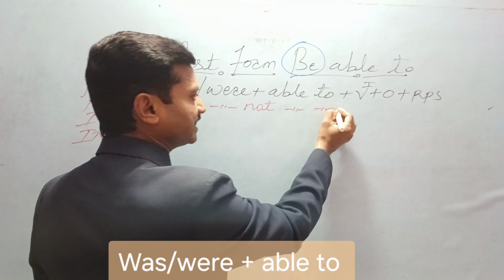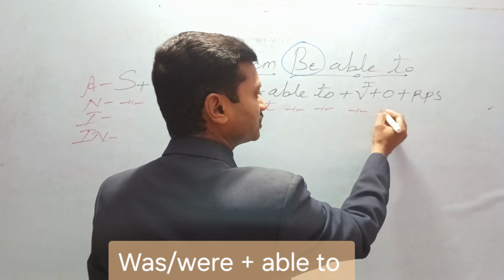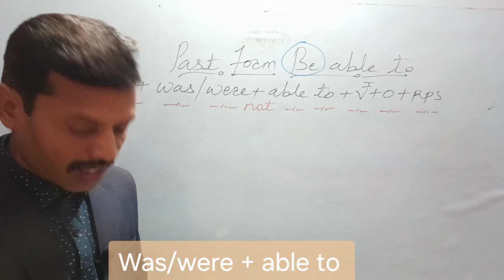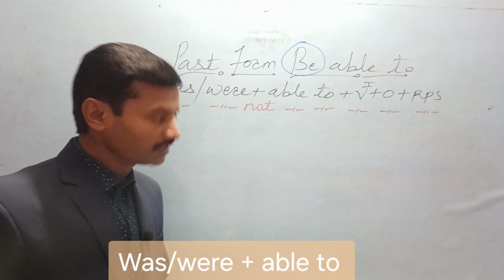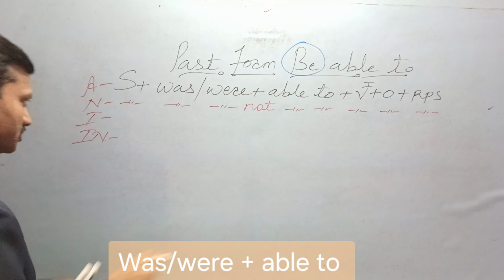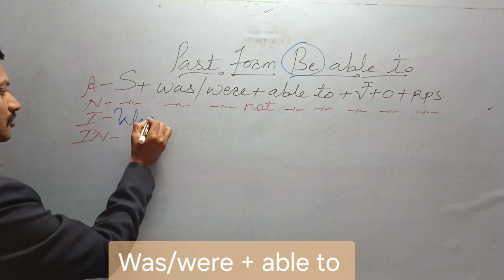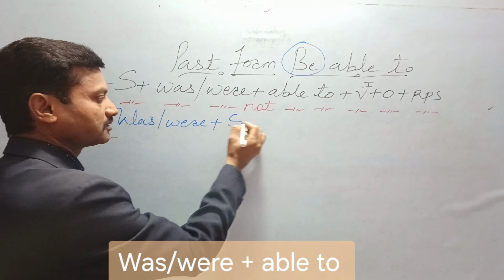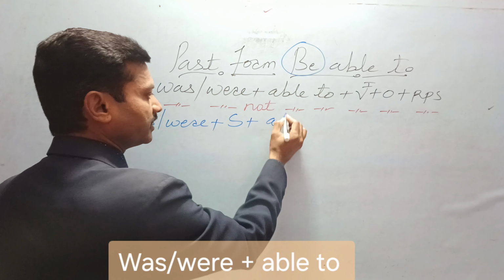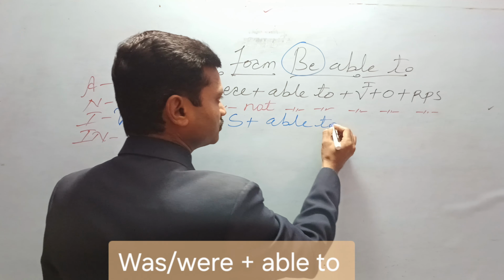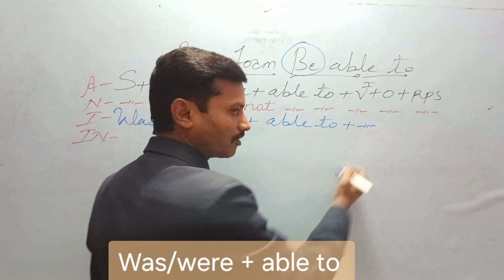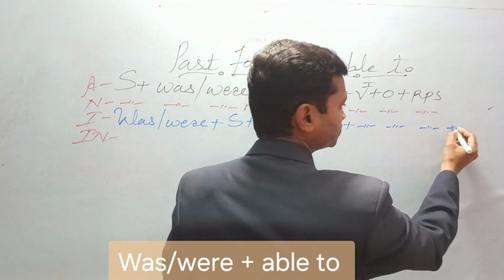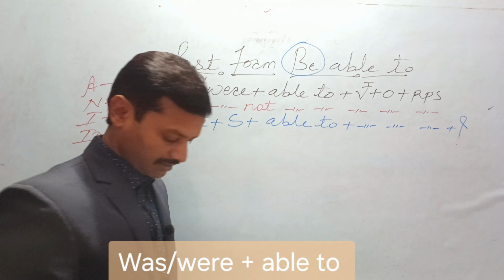Then everything is same. Be able to, then first form of verb plus object plus RPS, remaining part of sentence. Interrogative: was or were at the beginning, then subject, then able to, after that first form of verb plus object plus RPS plus question mark.